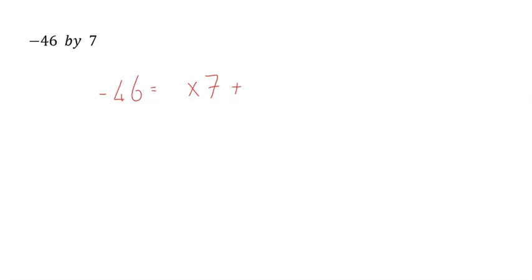We then have to say to ourselves, right, what can I multiply 7 by to get closest to negative 46 such that I can add something on to get back to negative 46? So with it being a negative number, I actually have to go to the other side of it.